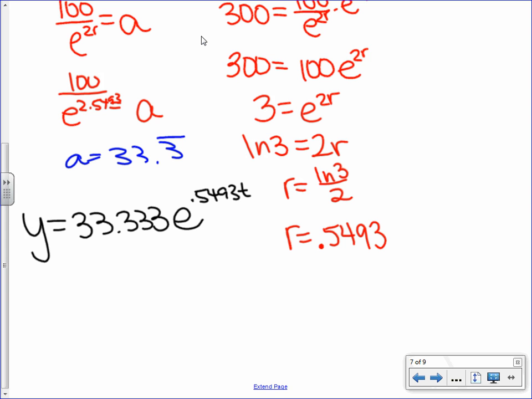How are we going to find the number of flies after 5 days? Okay, so when you plug in 5, after 5 days, how many flies are there?